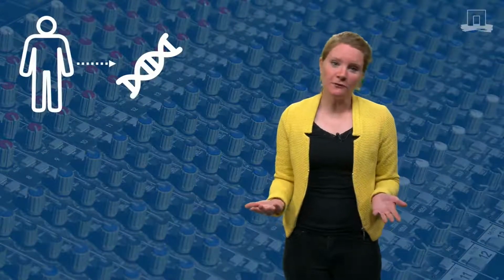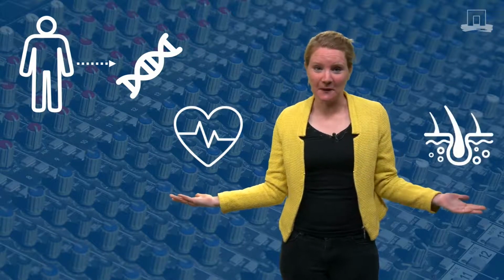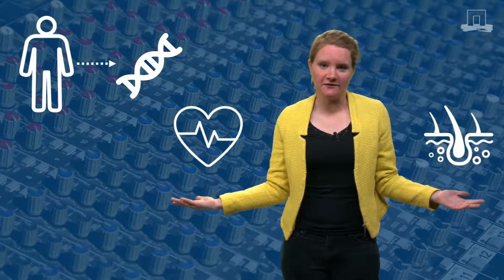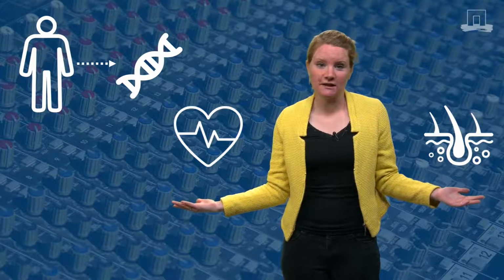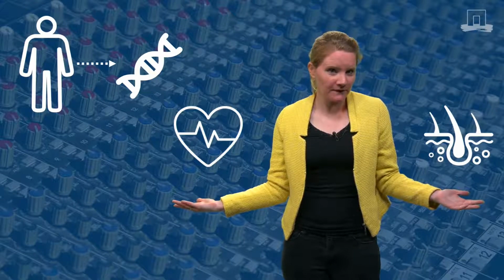We know that all our cells have exactly the same DNA sequence, but of course, different cells have different functions. I will give you an example. We have a heart cell and a skin cell. Their DNA sequence is identical, but their function is different. Each cell is specialized to perform a function in your body. How does this work?